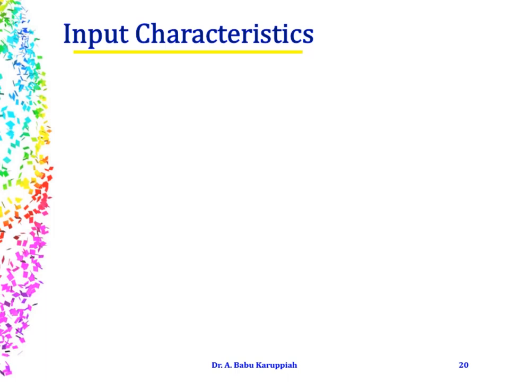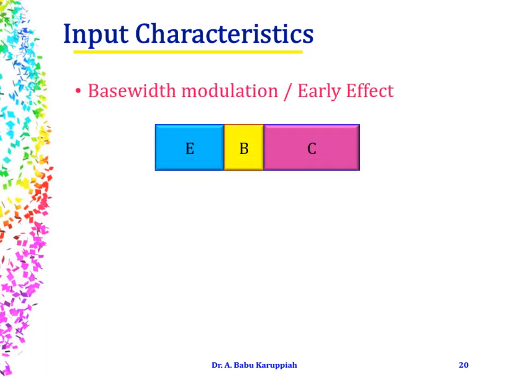Now we'll find the reason for it. The shifting of the curve upwards in the input characteristics of a common base configuration is due to a phenomenon called base width modulation, otherwise called the early effect. Consider the regions of a bipolar junction transistor. As we forward bias the emitter base junction, the depletion region of the emitter base junction shrinks.